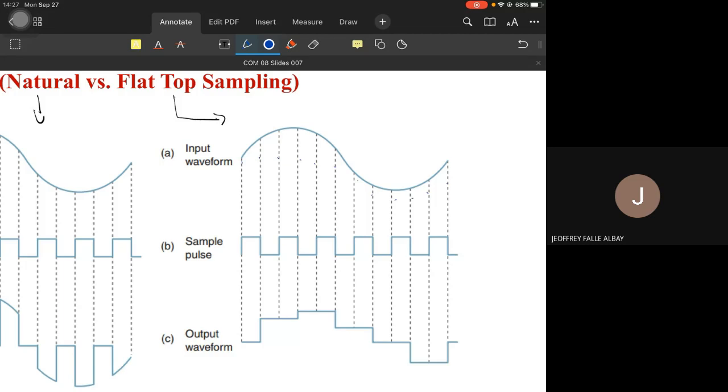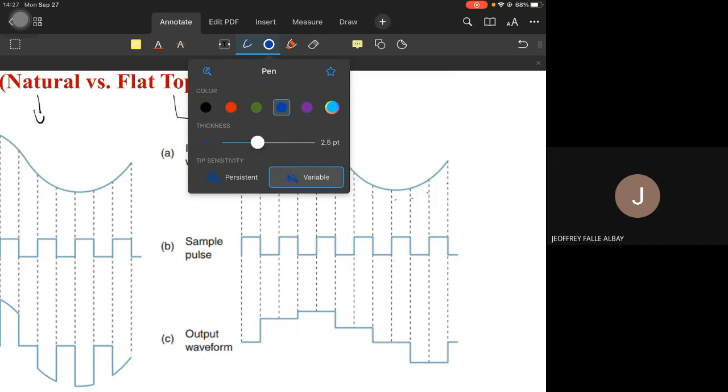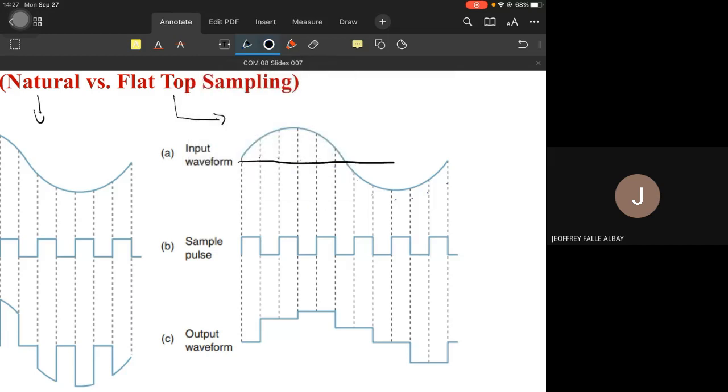Let's say this is 1 second. So it produced 12 samples within the 1 second. So the sampling rate Fs is 12 hertz, or 12 samples per second.